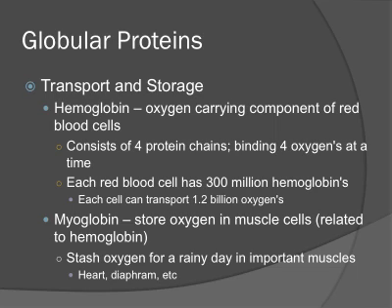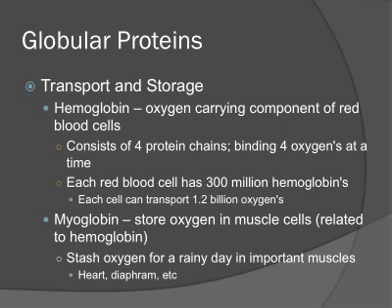Since one red blood cell can have 300 million hemoglobins in it, each cell can technically transport 1.2 billion oxygens. This is why oxygen can travel through your body so quickly, and why it is so easy for your body to stay oxygenated, because one blood cell can transport so much.